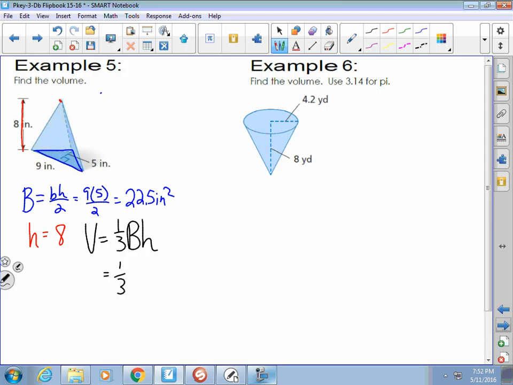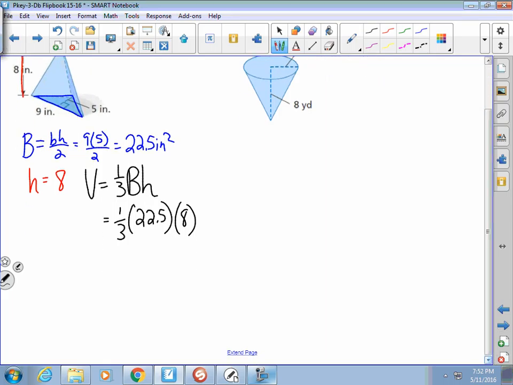So we're going to plug in the parts. 1/3. Our base was the 22.5. Our height was 8. And we're going to take 1/3 of 22.5 times 8. Or we can say, this is the faster way, 22.5 times 8, then divided by 3.